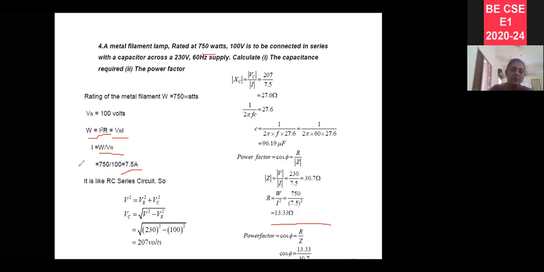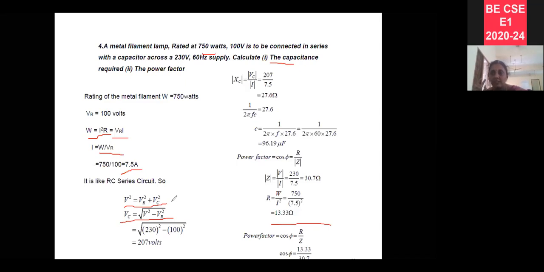Now we have to calculate the capacitance value. Only the current is given, the impedance also is not given. So we will first calculate the voltage across the capacitance. We know V square is equal to VR square plus VC square from the RC triangle.